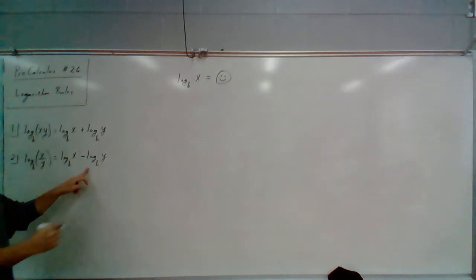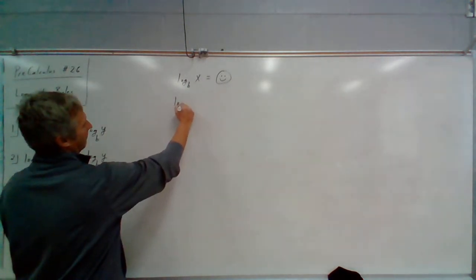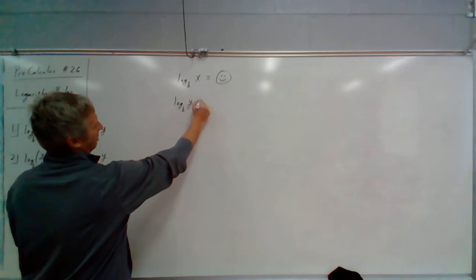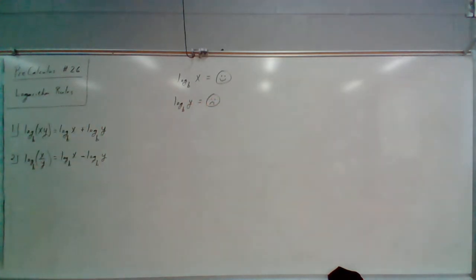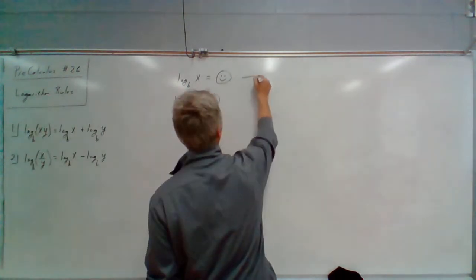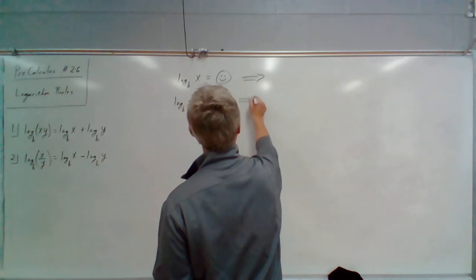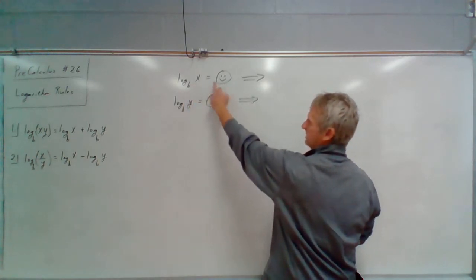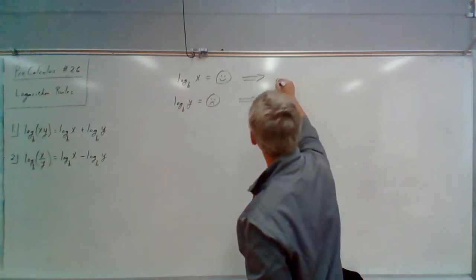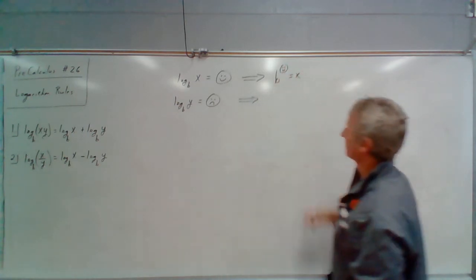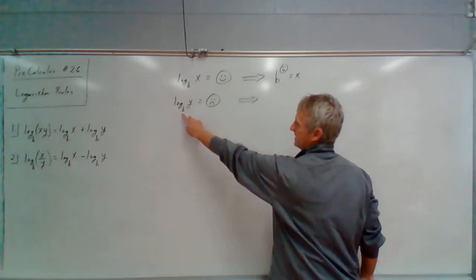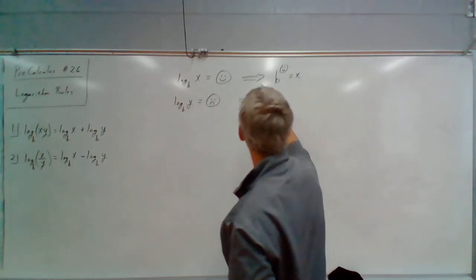Log base b of y, I'm going to call that frowny. Step number 2, I'm going to tell what each of these means. So this means b raised to the smiley equals x. This one means b raised to the frowny equals y.